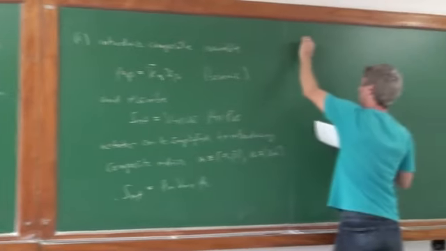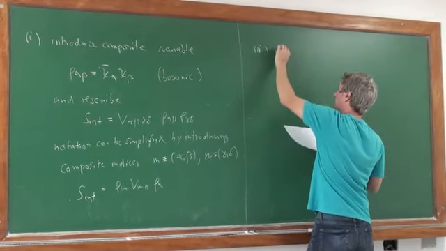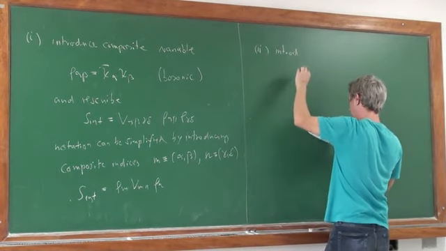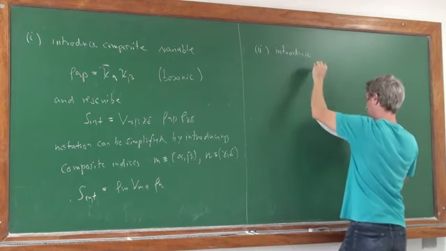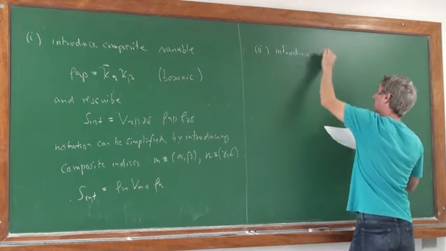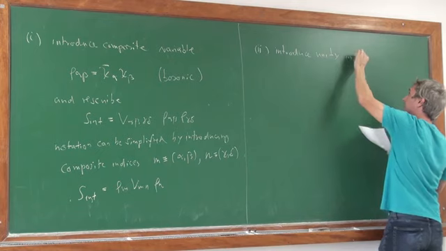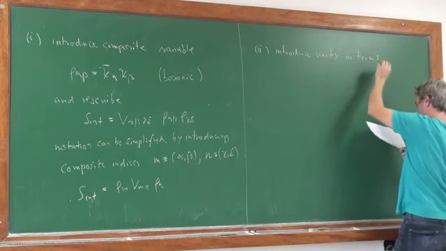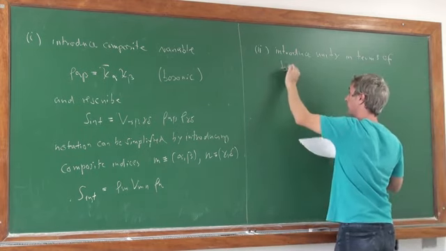Then the second step is to introduce a representation of the unit in terms of some bosonic field, which we want to call phi.